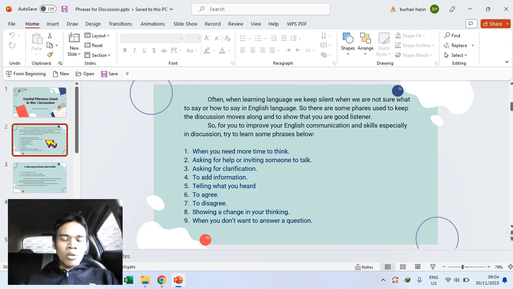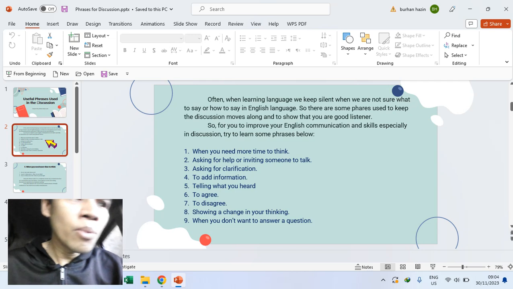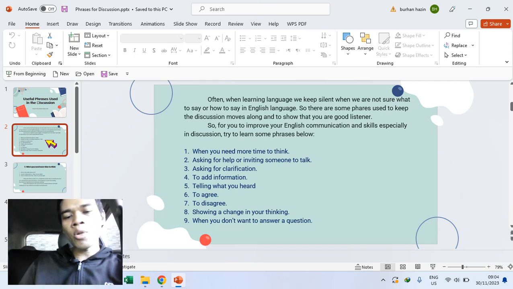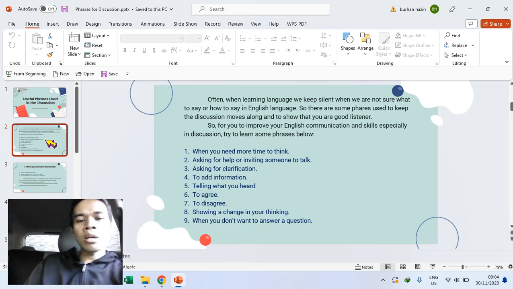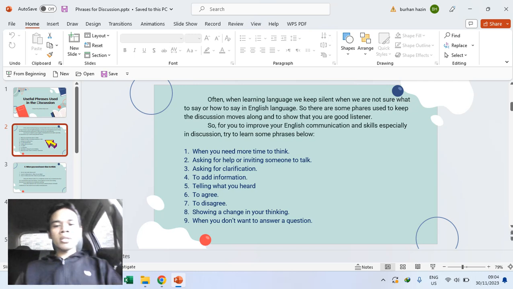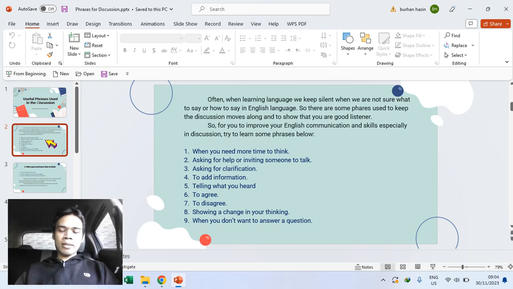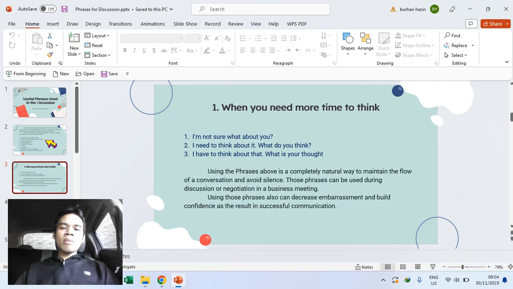We're going to discuss also the phrases which you usually use showing a change in your thinking. Right, and then when you don't want to answer the question, what phrases can you use? Alright, starting from number 1, when you need more time to think.